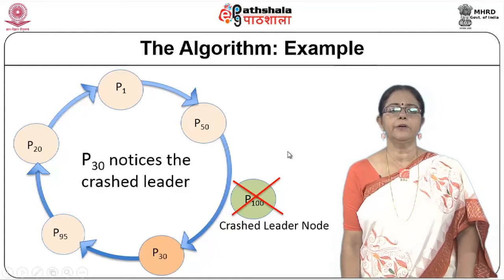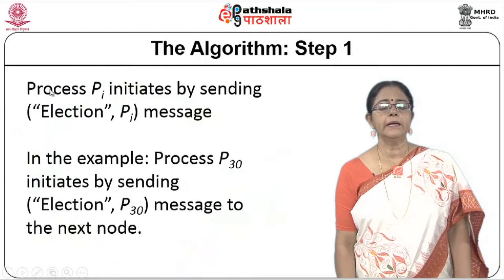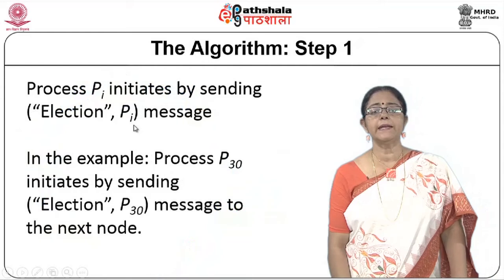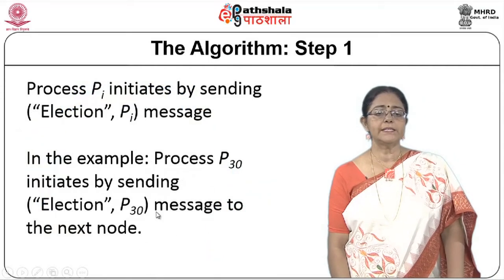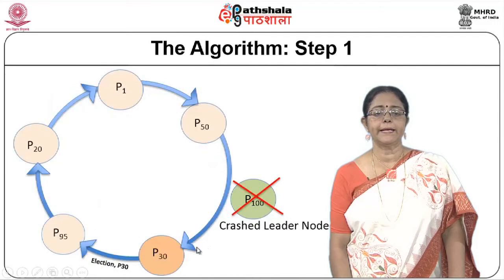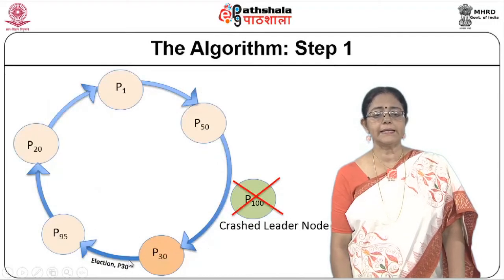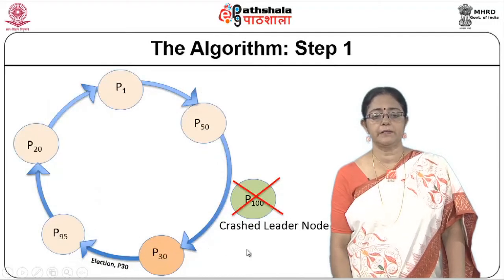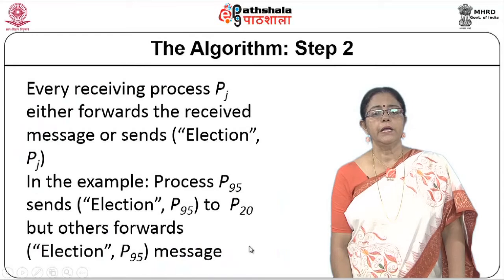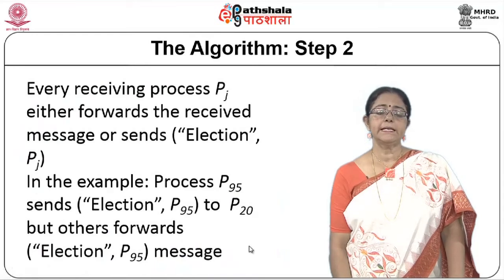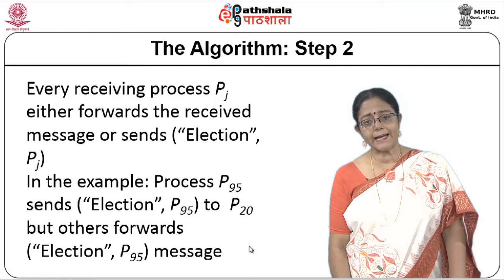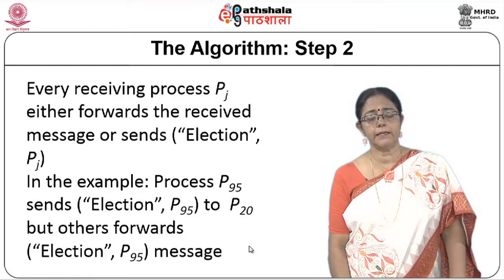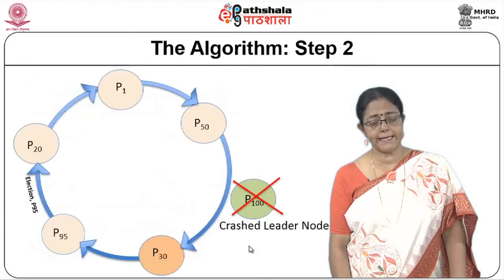So, what will it do? According to step 1 we are supposed to initiate by saying election comma Pi. In our example we say election comma P30. So, P30 sends the message election comma P30 to the next node. Step 2 says Pj will receive the message, and if Pj's id is greater than the sender's, then Pj will change the id.